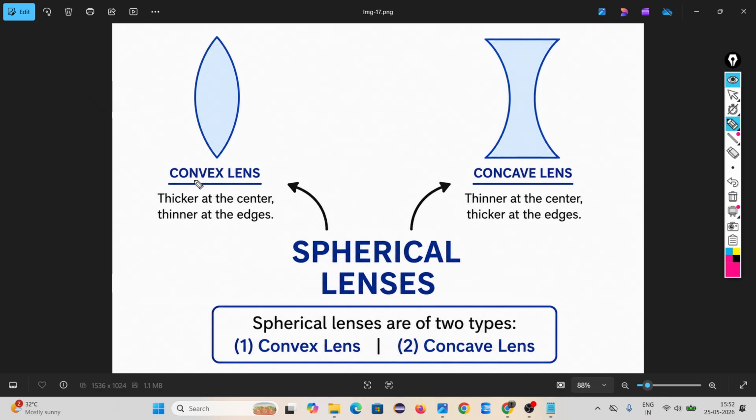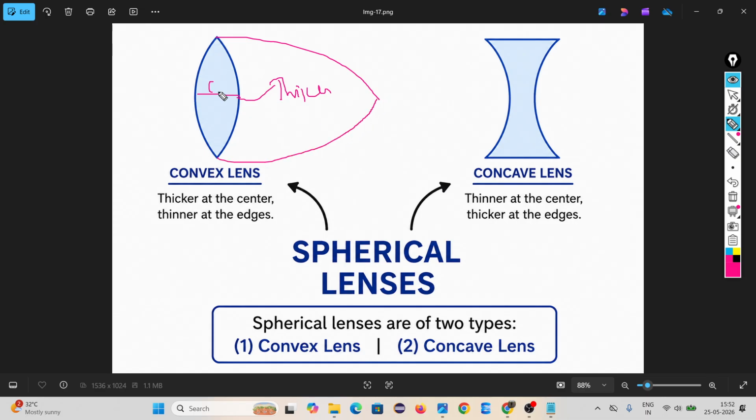Here, spherical lenses come in two types: convex lens and concave lens. Convex means thicker at the center and thinner at the edges. Look, this is called the center; in the center the lens is thicker.